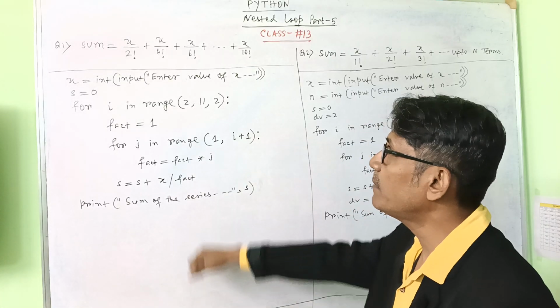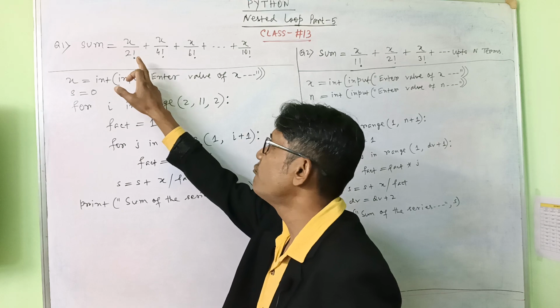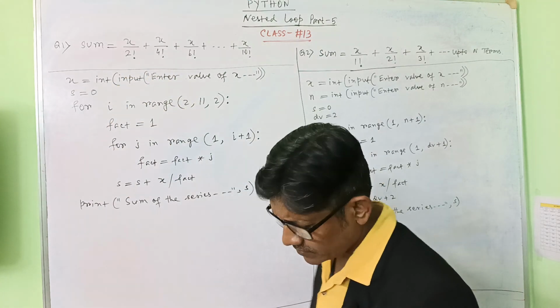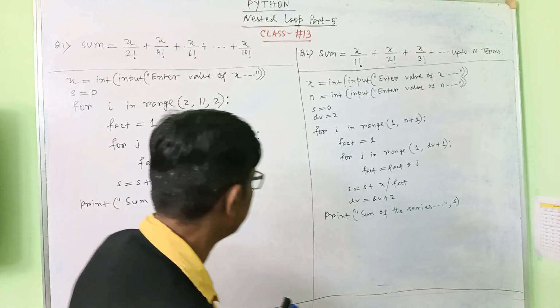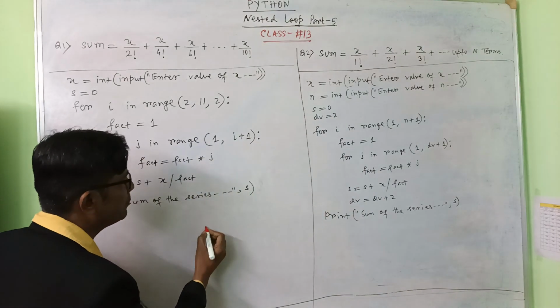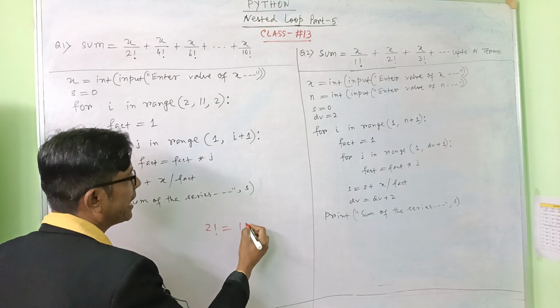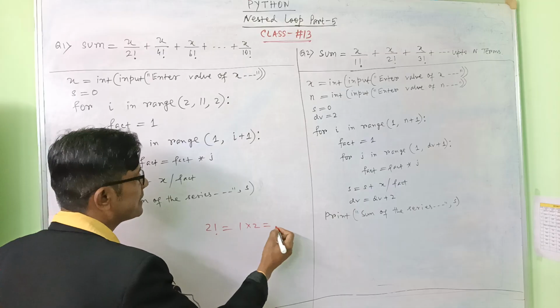Whenever you see this symbol, it is called a factorial. If you have not done the factorial, I'm explaining a little bit. Suppose the factorial of 2, that means we are multiplying 1 into 2, so the result will be 2.